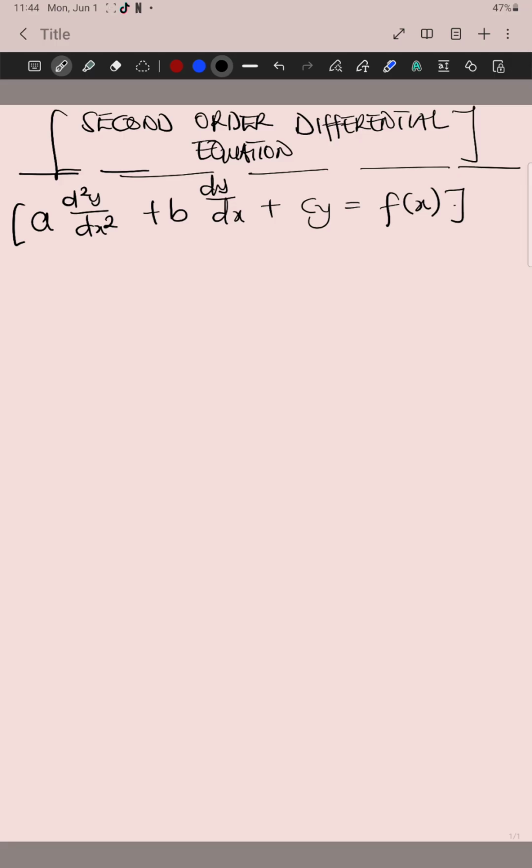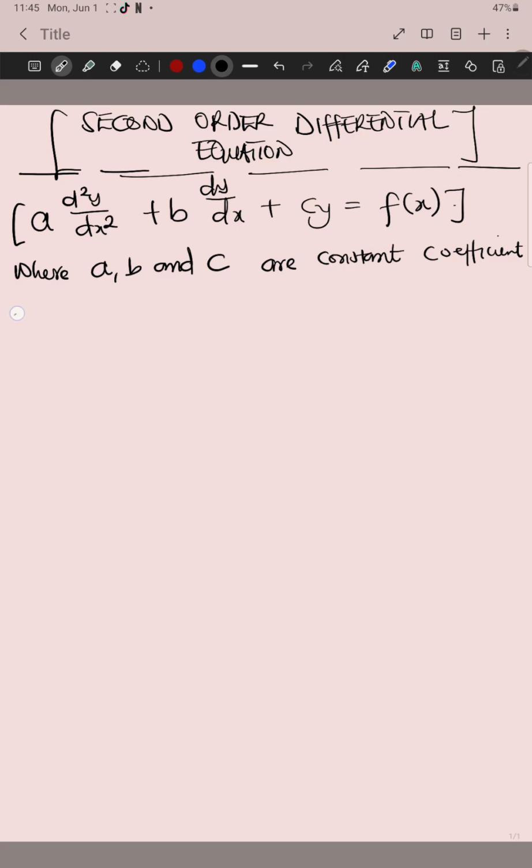In this form, you will discover that a, b, and c are constant coefficients. They are constant coefficients. Let's put it that way.